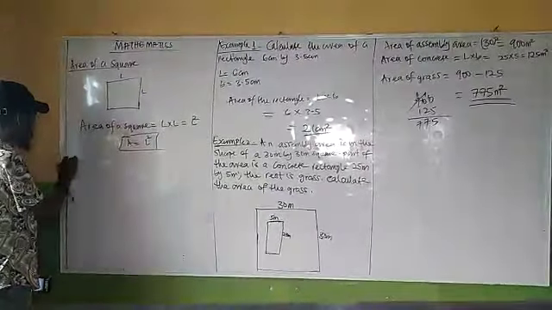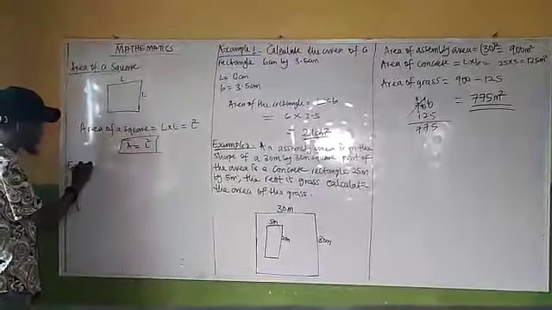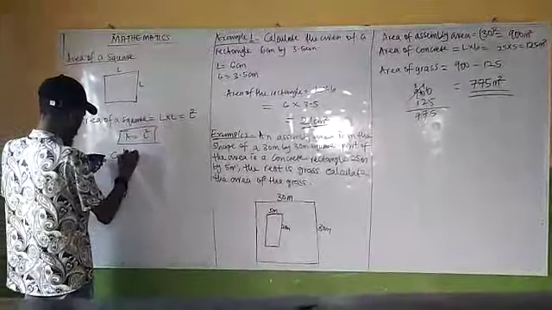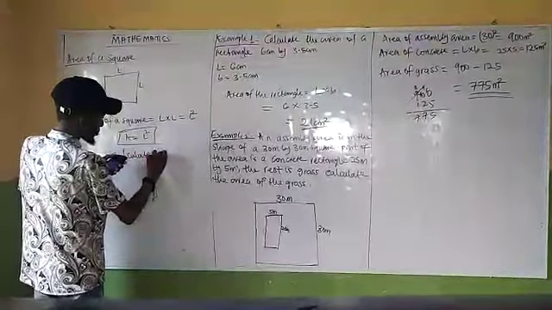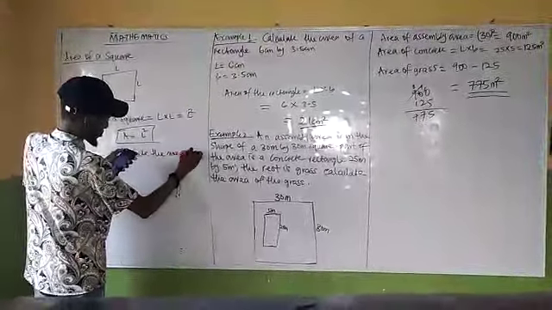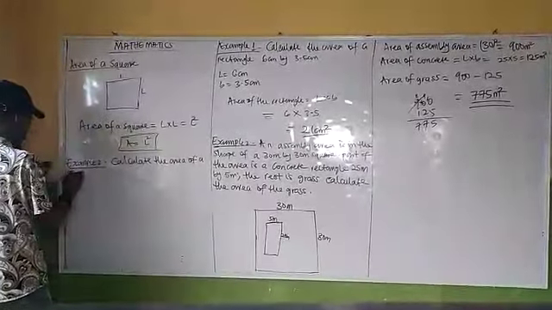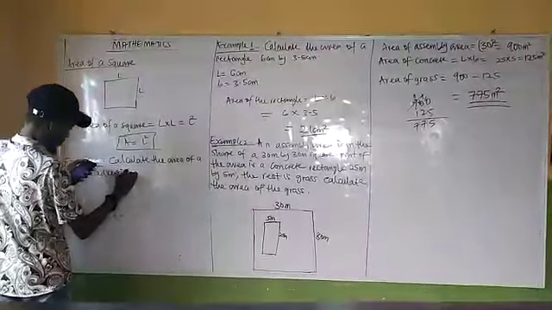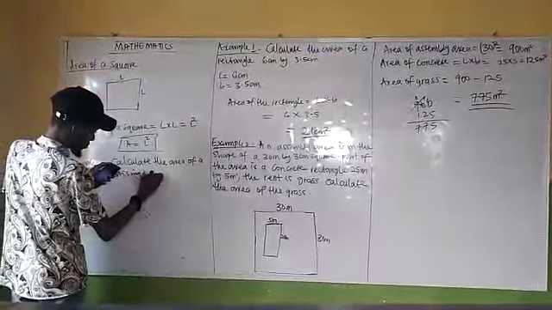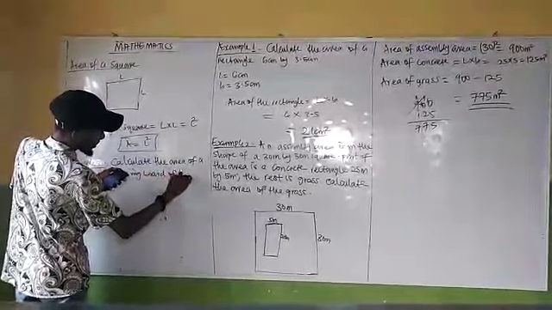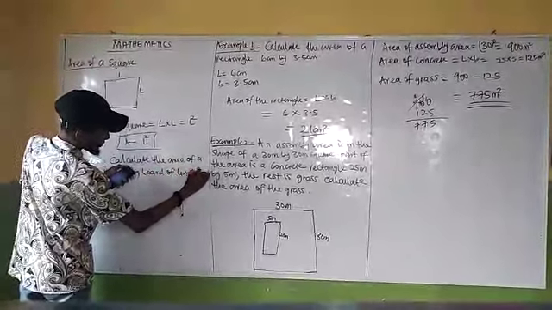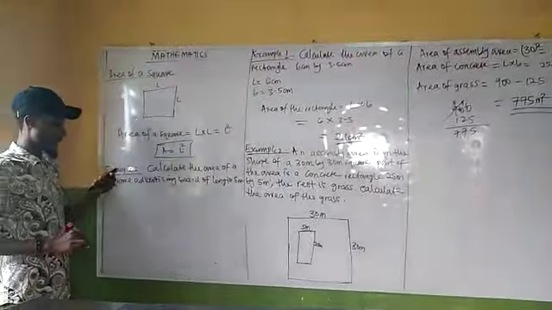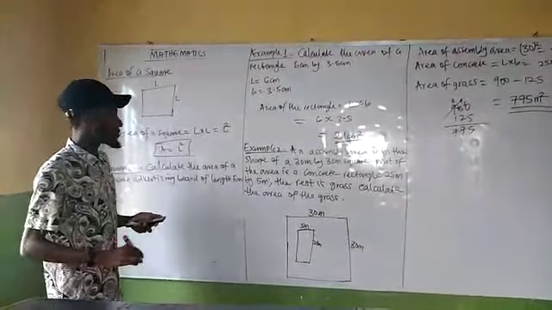Example 3. It says calculate the area of a square advertising board of length 5 meters.